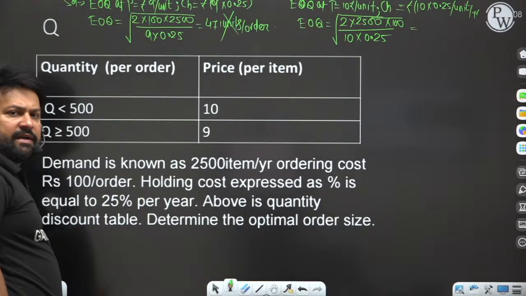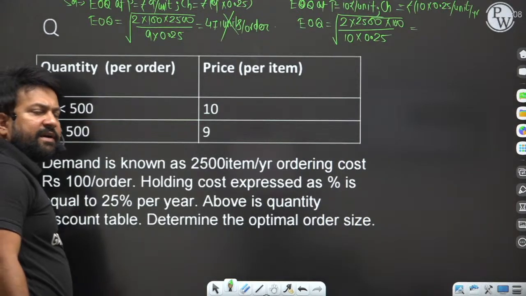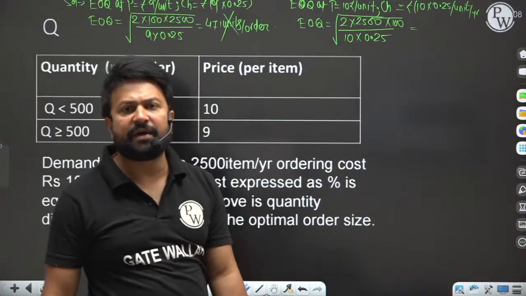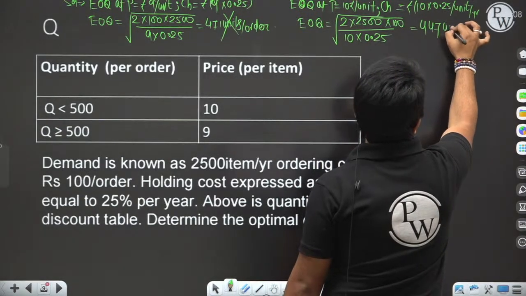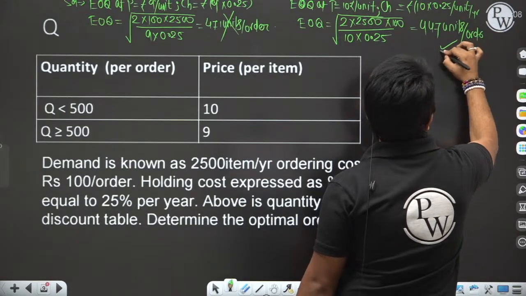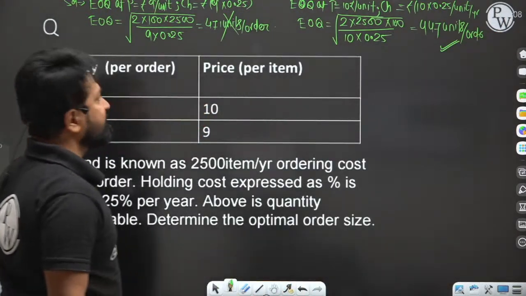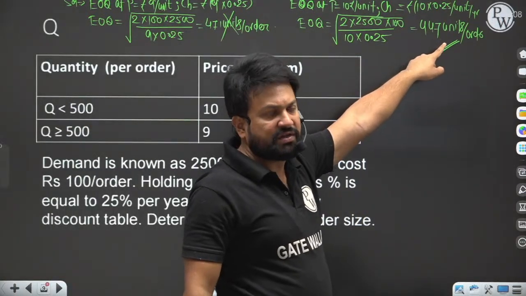The economic order quantity here is 447 units per order. This satisfies the condition, so you can find the TMC at 447 also.